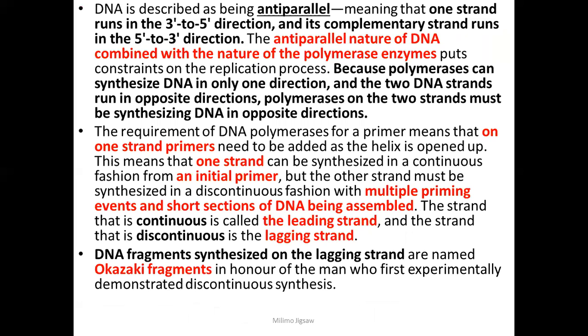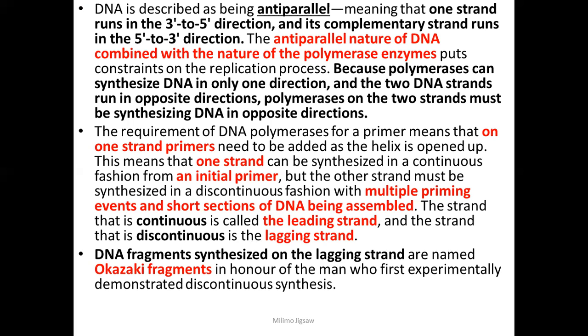This nature of DNA, combined with how the polymerase enzyme works, makes DNA replication so complex. The DNA polymerase can synthesize only in one direction. However, the two DNA strands run in opposite directions, so DNA polymerase is going to synthesize DNA in opposite directions.